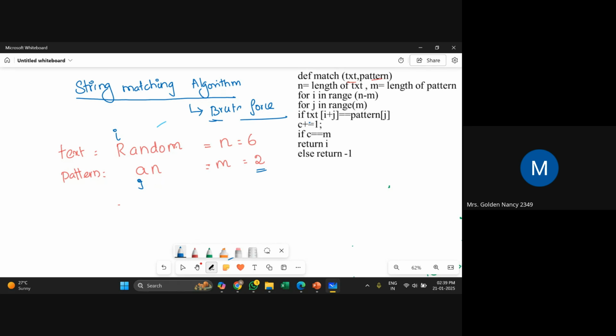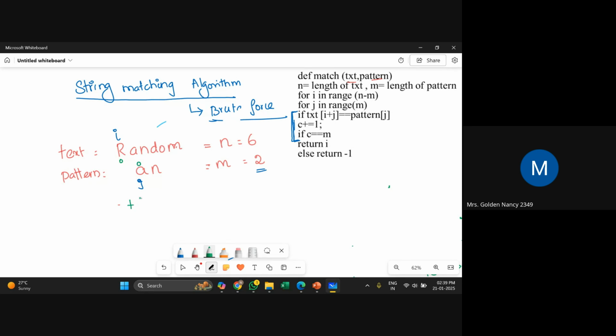Now this is the main part, where you are doing the logical part of your string matching algorithm. So what is happening here? If text of i plus j. What is the value of i? i is at the 0th position and j is at the 0th position.